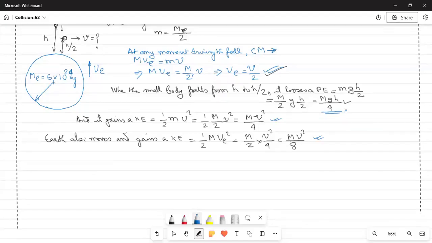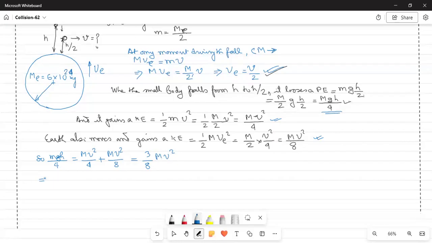So the loss of potential energy, mgh by 4, is equal to the kinetic energy gained by the small body, M v square by 4, plus M v square by 8.